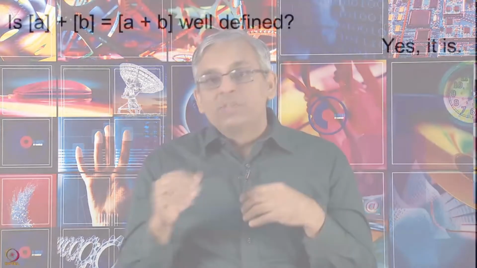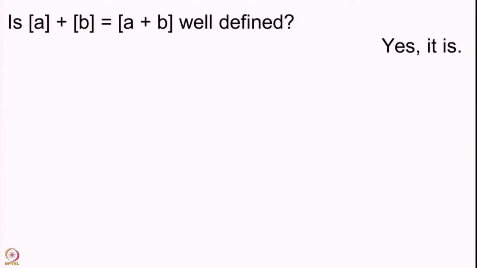Okay. So, let us go to the very first property. We are asking whether this addition is well defined. The answer is yes, it is, but how do we check this?